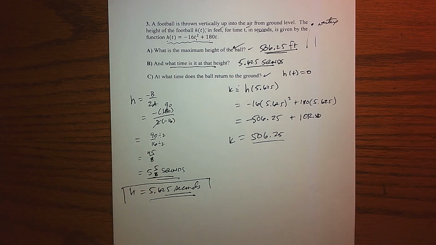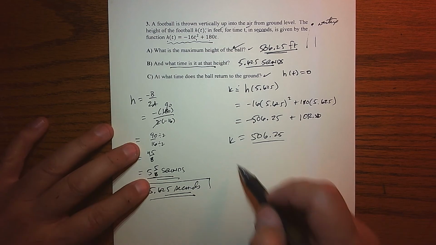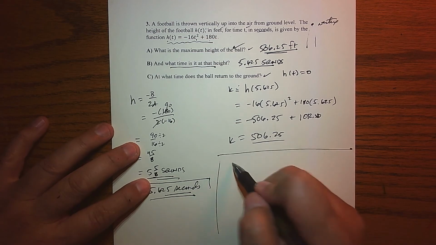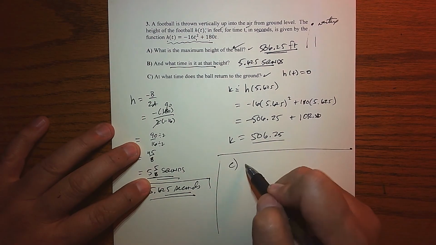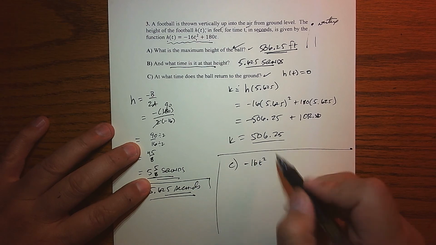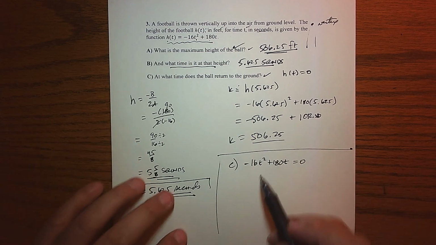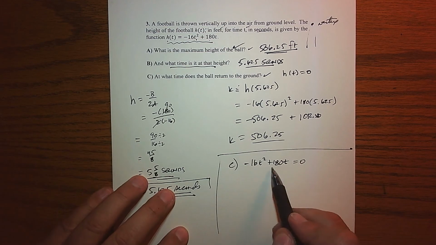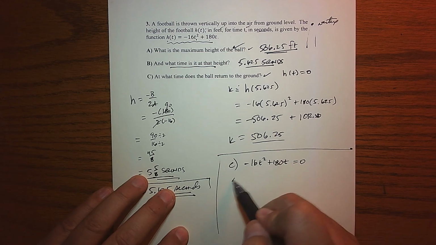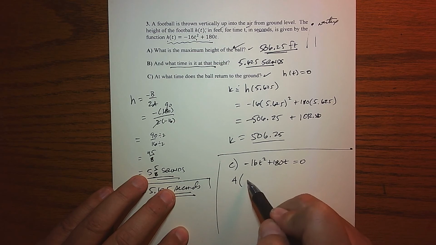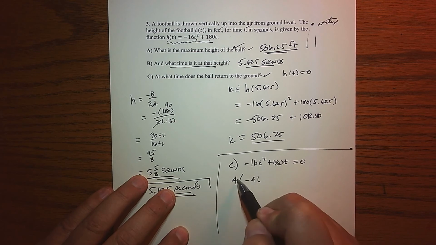So again, we're in effect finding x-intercepts. So we got to take my function. This is part C. We got to take our function, negative 16t squared plus 180t, and we got to set it equal to 0. I'm thinking probably the best way to do this guy is to factor. I think 4 goes into both of these. So if I factor out a 4, I know that's a negative 4t actually.